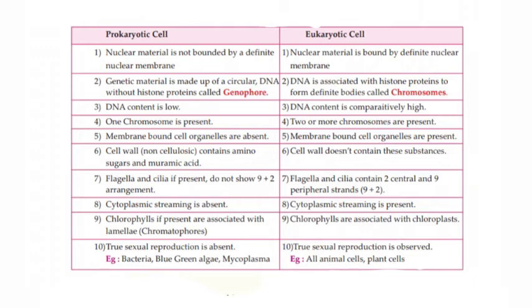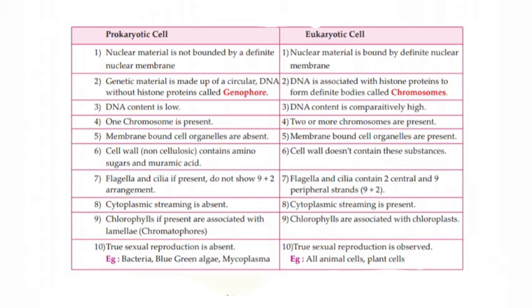But in eukaryotic cells, DNA is associated with histone proteins to form definite bodies called chromosomes. In prokaryotic cells, DNA content is low. But in eukaryotic cells, DNA content is comparatively high. In prokaryotic cells, one chromosome is present. But in eukaryotic cells, two or more chromosomes are present.